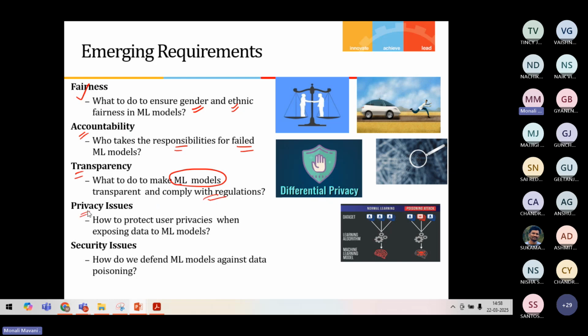Privacy issues: how to protect the users and the data. Security issues: there are a lot of data poisoning attacks, where wrong data is maliciously injected into the model. All are emerging topics in the machine learning domain.